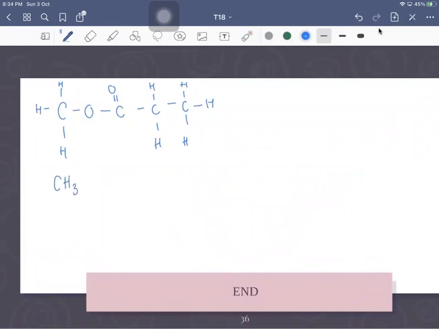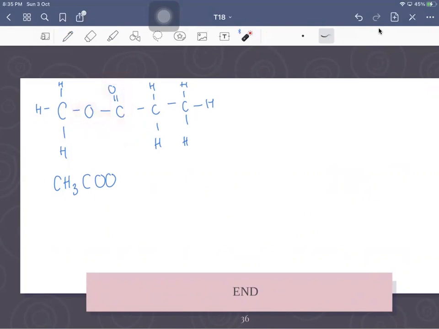Okay, and then some students, because they see that the oxygen and the C double bond O are next to each other, think that they can write CH3COO, because it's CO and then oxygen.